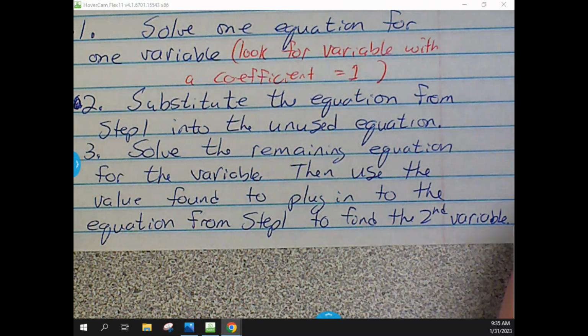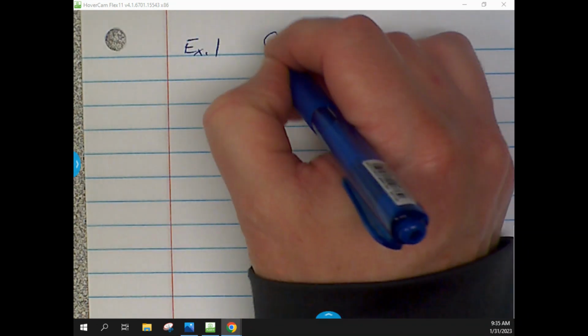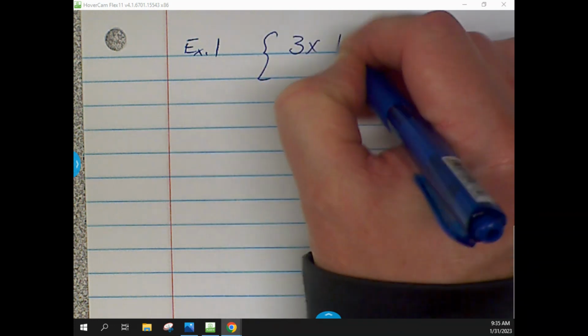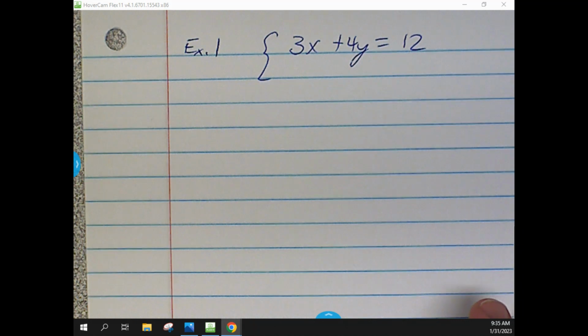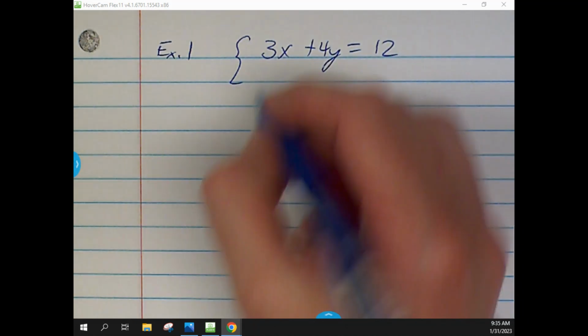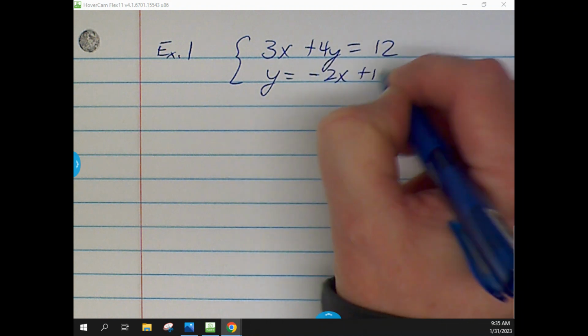Okay, here we go. So here's the first one. We'll have 3x plus 4y equals 12, and then y equals negative 2x plus 10.